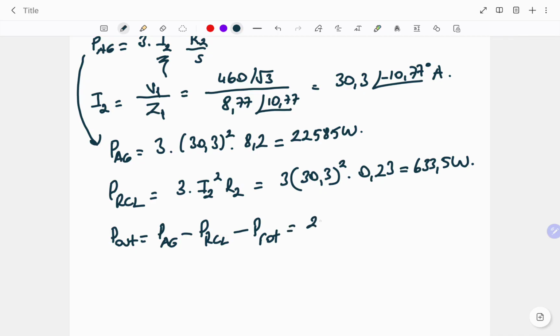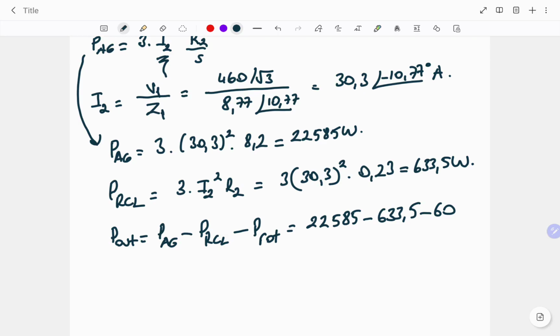So 22,585, which is the air gap power, minus 633.5, which is the rotor copper losses, minus 60 watts, which is the rotational losses, which is given in the beginning of the example.